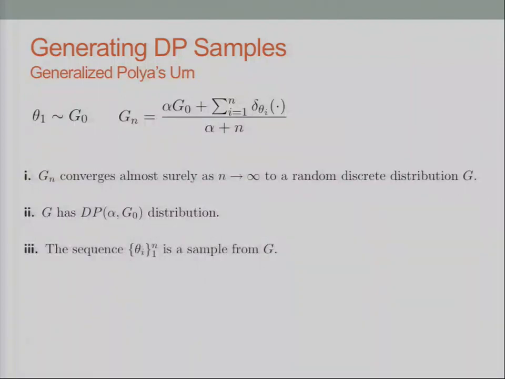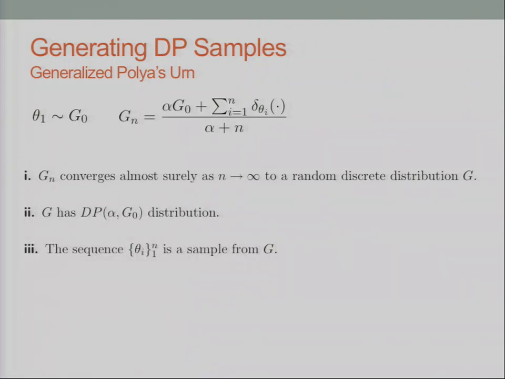Another way to generate from the Dirichlet process is using the Polya urn scheme, which is different from the stick breaking construction. So here we don't have any pi values, so the pi values don't go into play here. We're directly sampling the theta values, and the way we do that is we start with theta 1 sampled from G0, and every consecutive sample is sampled by conditioning on that theta 1.